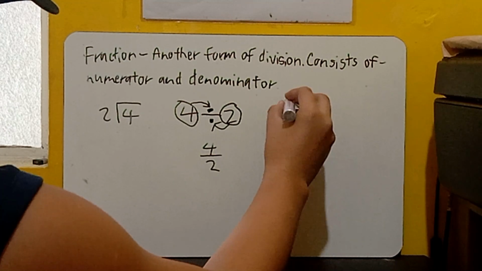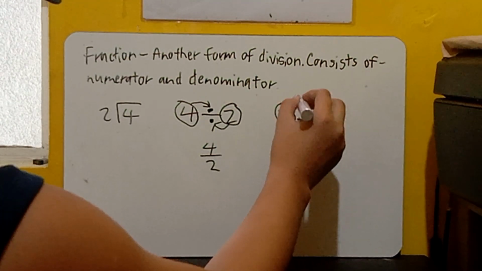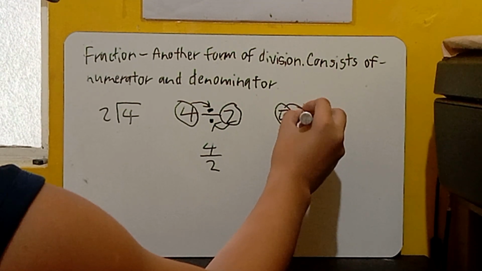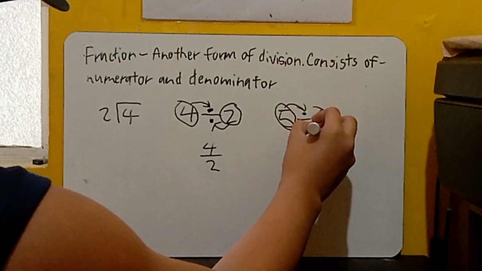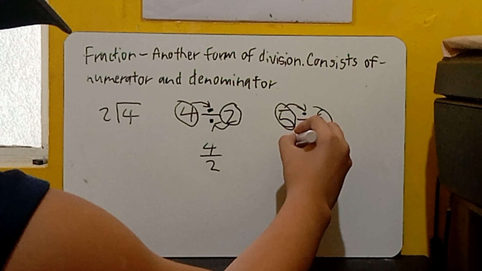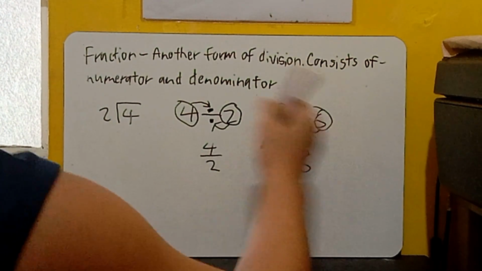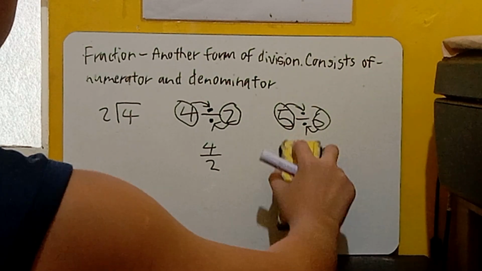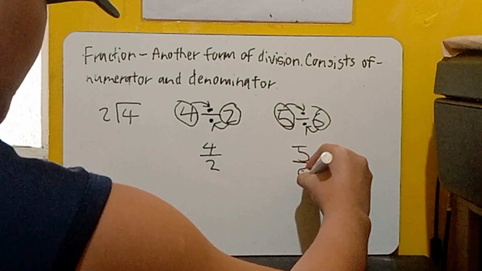Well, you put the 5 here at the top, the first dot, and this 6 you put it here at the second dot. So the fractional form is 4 over 6. I mean 5 over 6. Sorry. Yeah, it's 5 over 6.